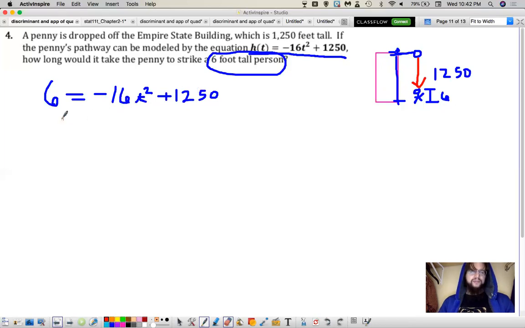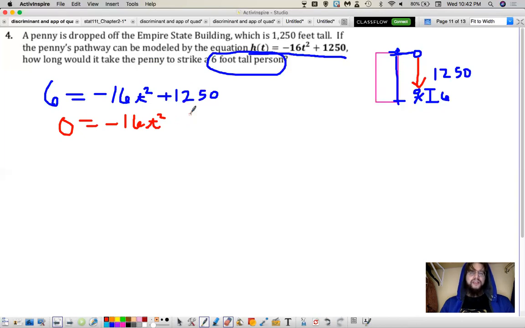Let's see. How do I solve this? It's a quadratic. Make it equal 0. Notice it was dropped. So what was the initial velocity if you drop something? 0. That's why there's no b term here.